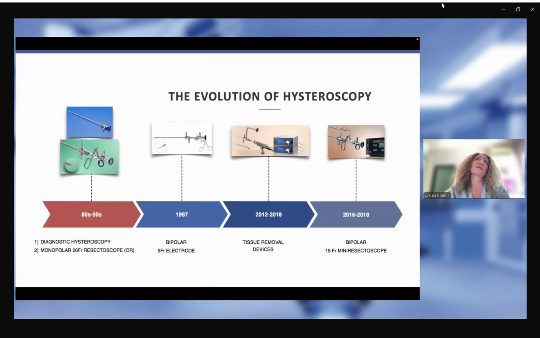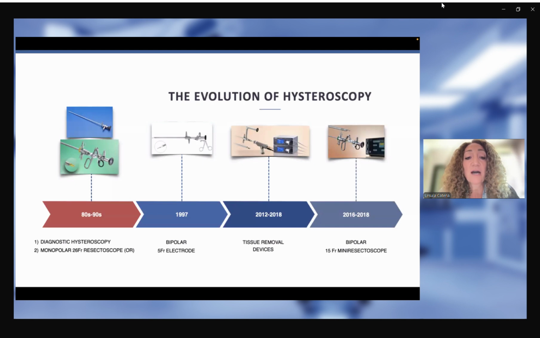Surely in this case, as also for metroplasty, as Attilio showed you, the evolution of hysteroscopy has completely changed the way in which we approach these patients. Some years ago, we just had the possibility to treat this patient after hysteroscopic diagnosis with a monopolar 26 French resectoscope.